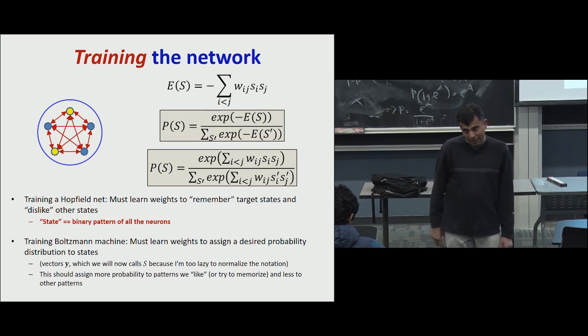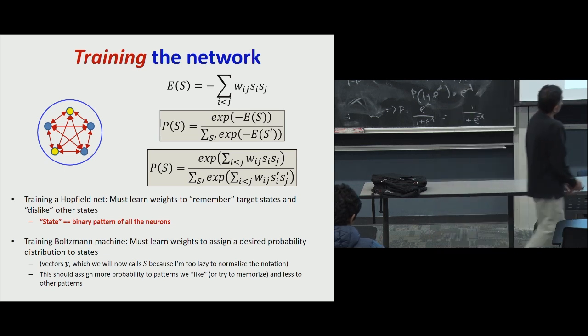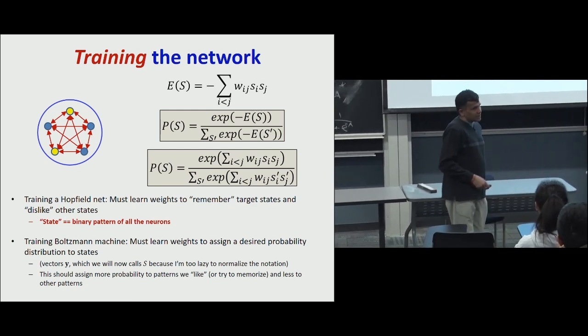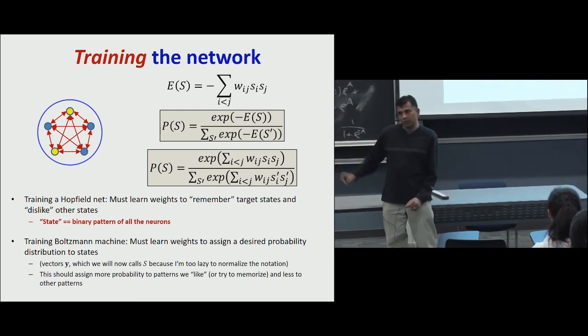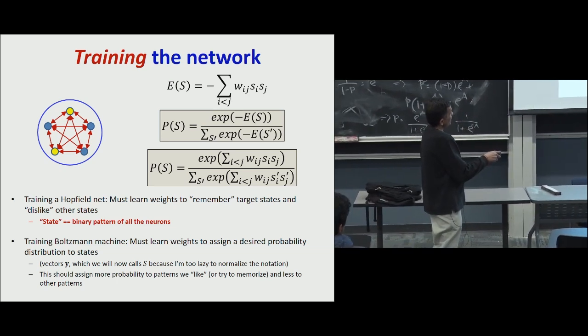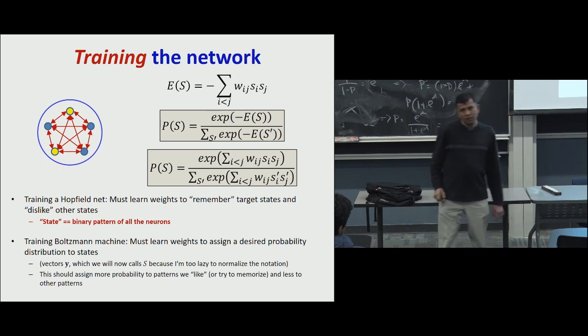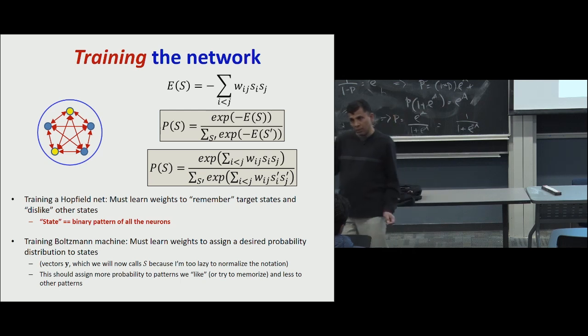Or does it? So to understand what happens over here, let's go back. Here is the energy of the system. I've ignored the bias again, because the bias can be thought of as just one neuron with a fixed value of 1. Okay? The probability of finding it in any state is just this Boltzmann distribution, where inside this, instead of writing minus E of s, I've explicitly written out the energy, which is the summation over all pairs of neurons of the weighted sum of their products, right?